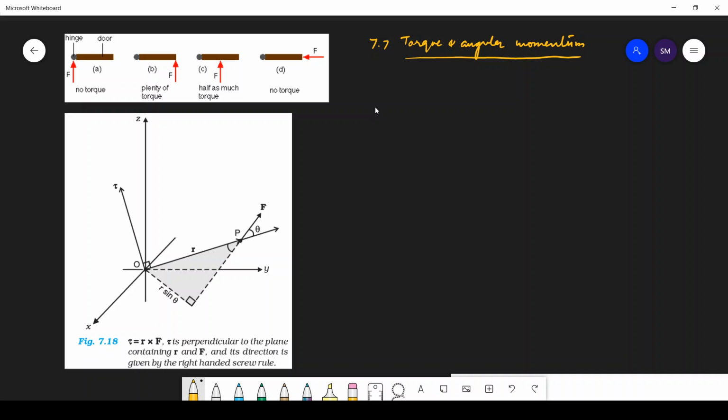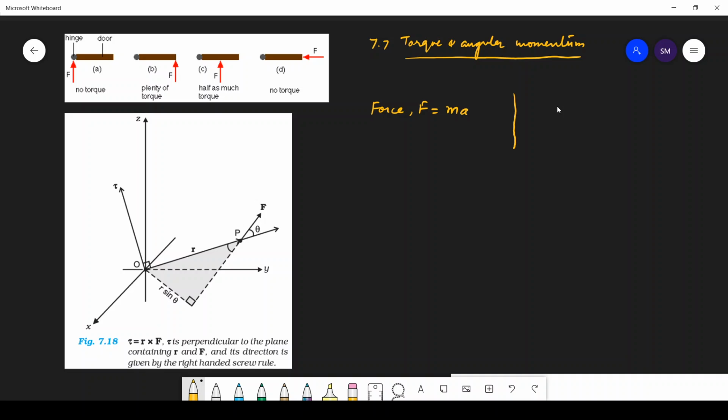Just like we have the force, that is F equals ma in linear motion, similarly we have the formula for rotational motion.